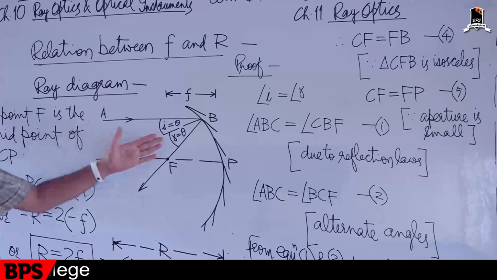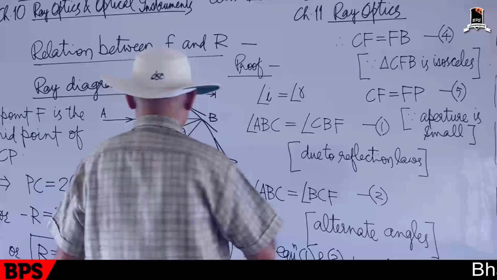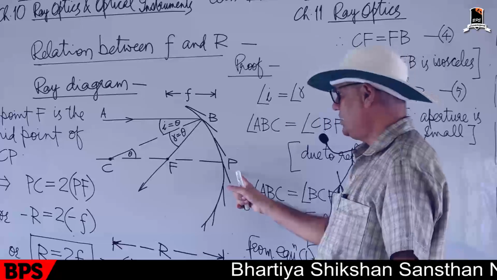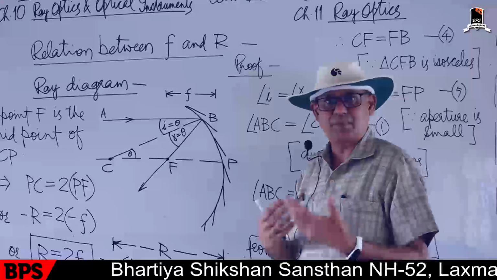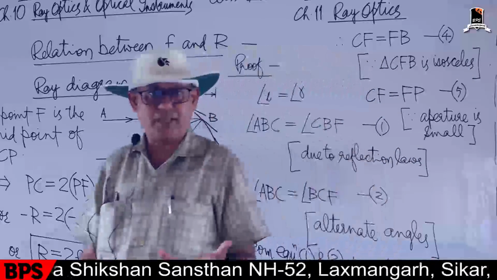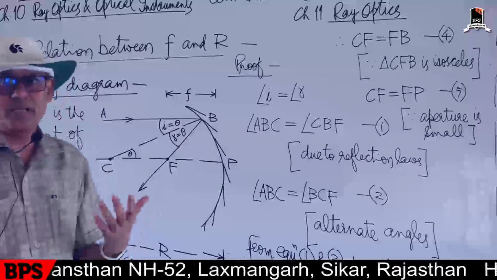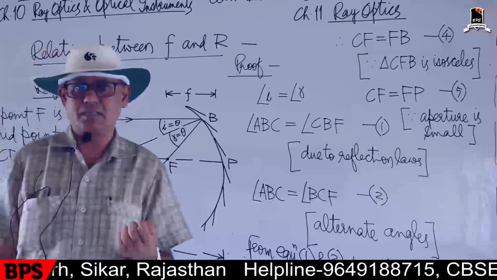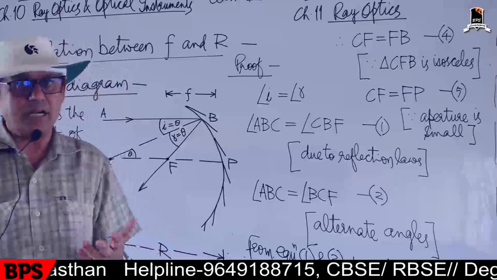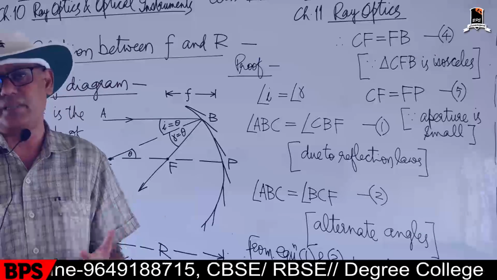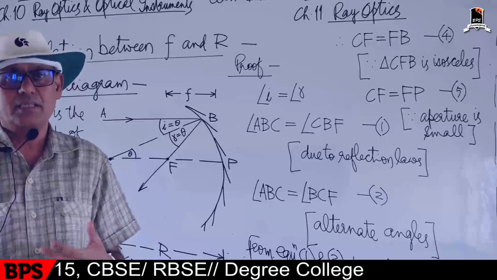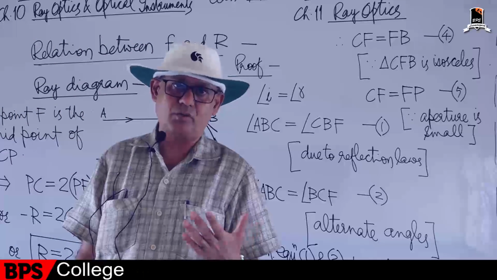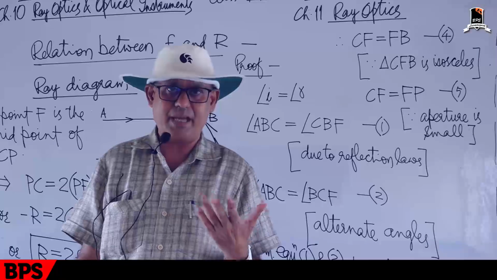So this is the proof for the concave mirror, and we are going to take the convex mirror proof in the next lecture. So I am concluding this lecture. We have studied the sign convention rules, the Cartesian coordinate system related to spherical mirrors. Then we studied 4 main rays which can be used to locate the image position.